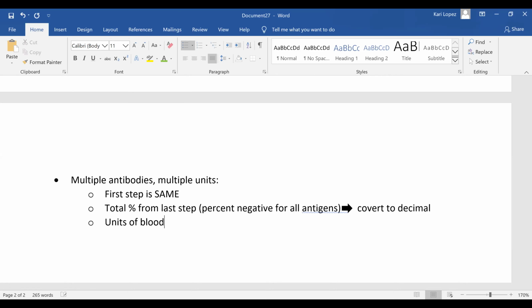And then you take units of blood divided by your percent negative. And that is going to tell you how many antigen typing units you have to do or may be required to find the compatible units.